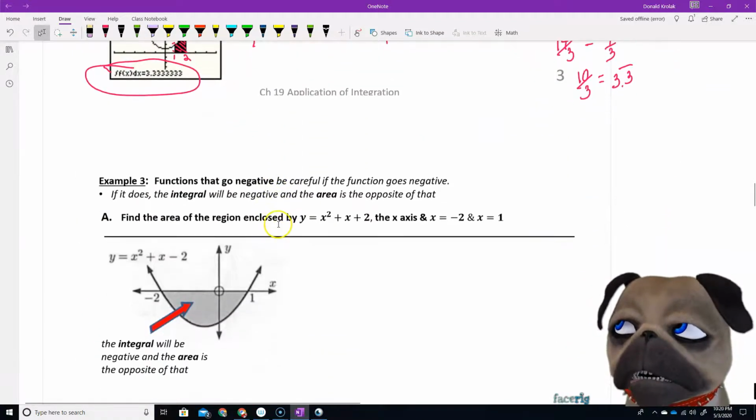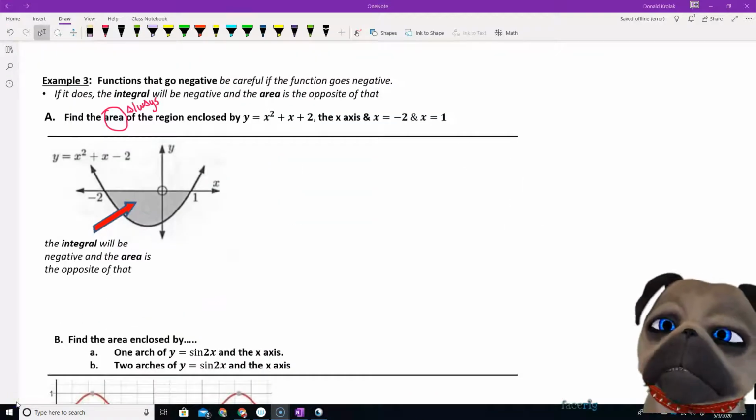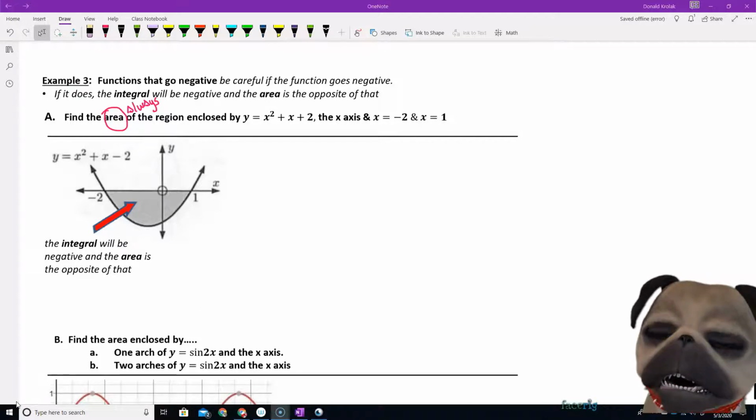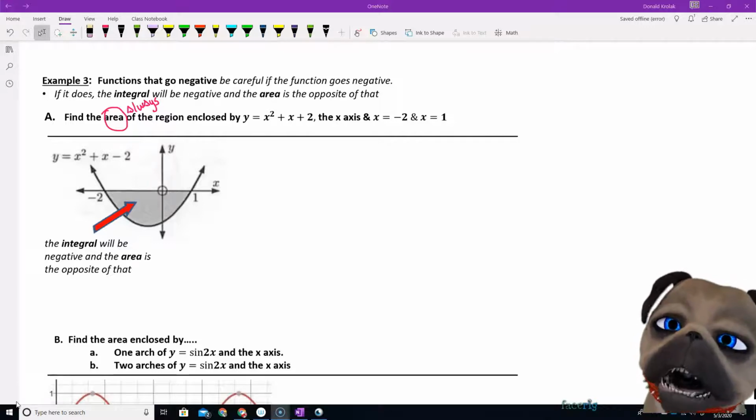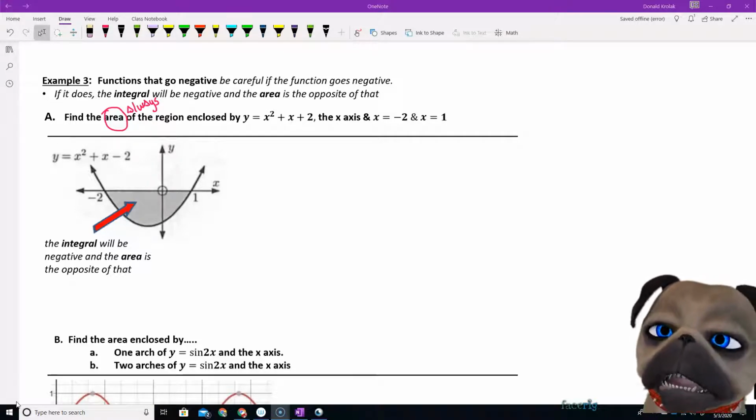All right, now remember, we've got an area here that is underneath the x-axis. So when we integrate it, it's going to give us a negative answer. Since the question is asking us about the area that is enclosed between this curve and the x-axis, we express area as a positive value.